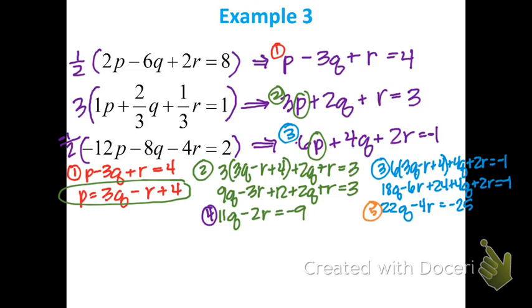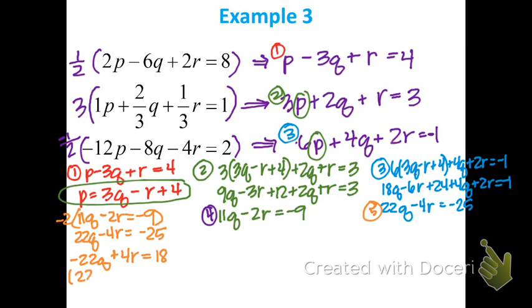I'm going to have a 2 by 2 system with 11q minus 2r equals negative 9 and 22q minus 4r equals negative 25. I'm going to use elimination on this one to get rid of my q's. What am I going to multiply this top equation by? Negative 2. So I have negative 22q plus 4r equals 18.